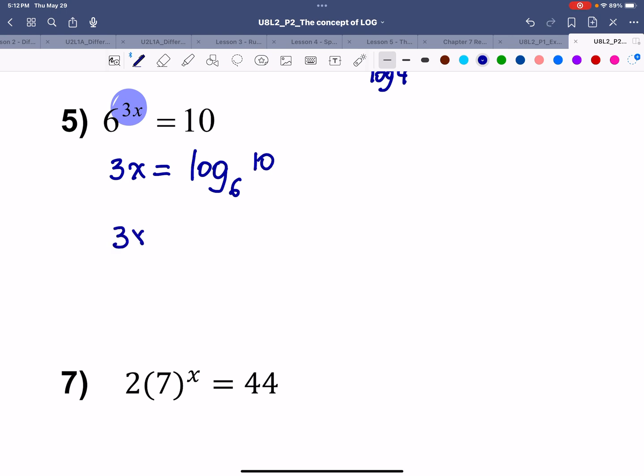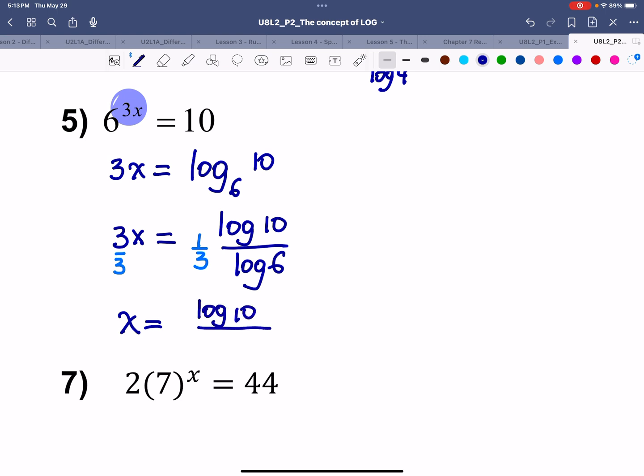So that means 3x would be equal to log of 10 divided by log of 6. And now we can isolate x from 3 by dividing both sides of the equation by 3, or multiply by 1/3, same idea. So x will be equal to log of 10 over 3 log of 6.